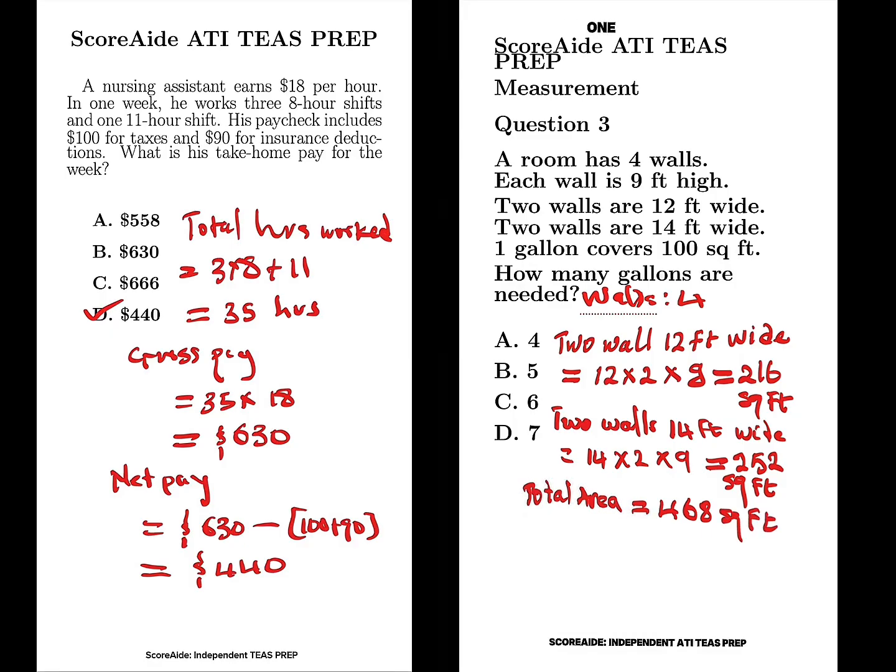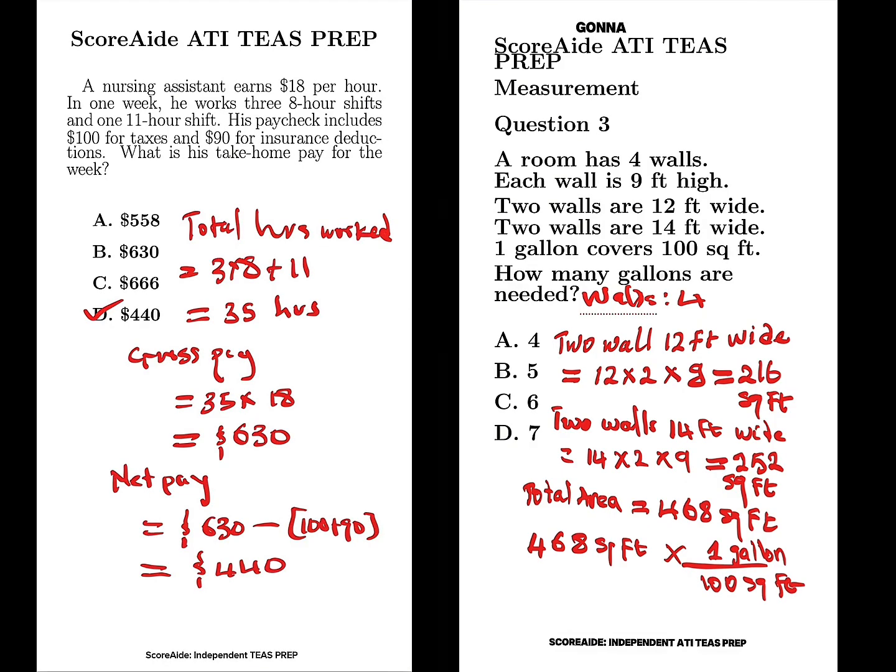Now, 1 gallon covers 100 square feet. So we can set that up. The gallon is going to be up here, so we have 1 gallon up there, and 100 square feet down here.